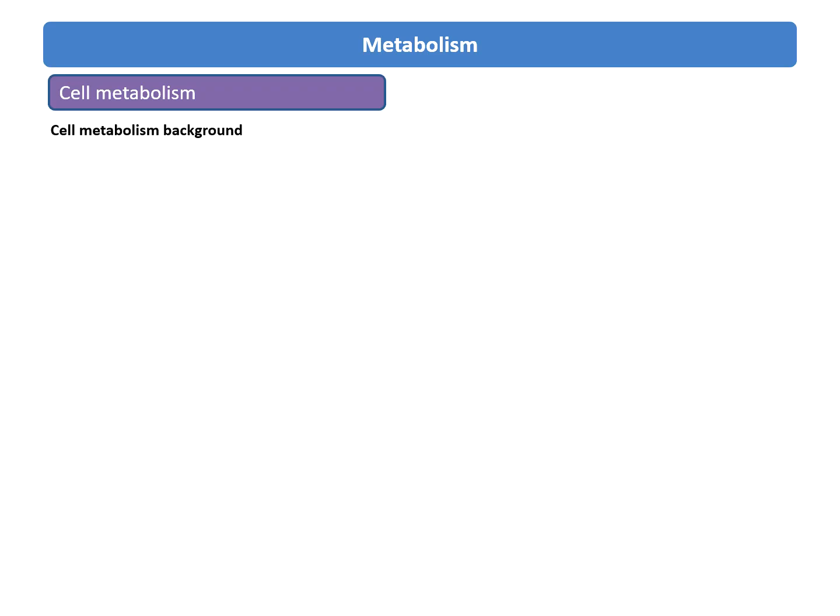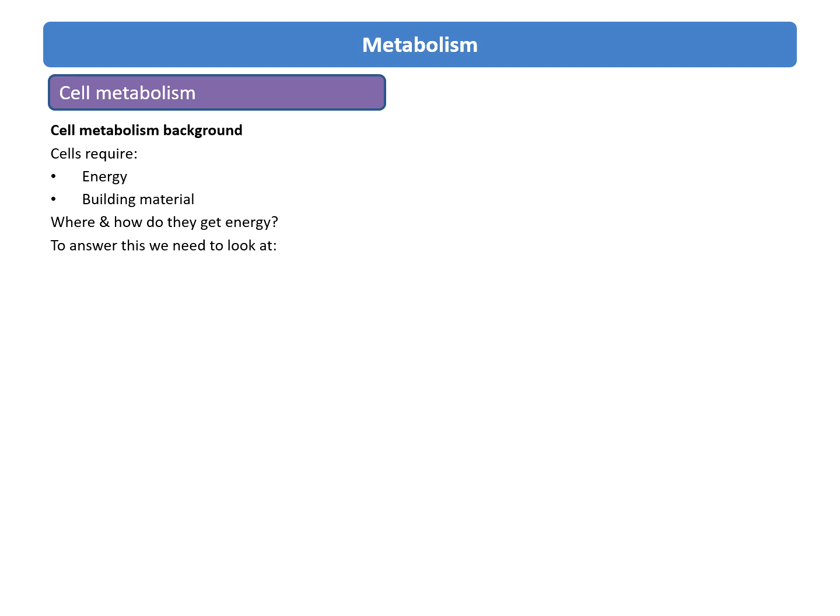Cell metabolism. We need a little background for this. This is maybe in part a repeat of what we covered in the cell unit, so it may serve as a review. Cells require energy and building material. Where and how do they get energy? To answer, we need to look at several things.